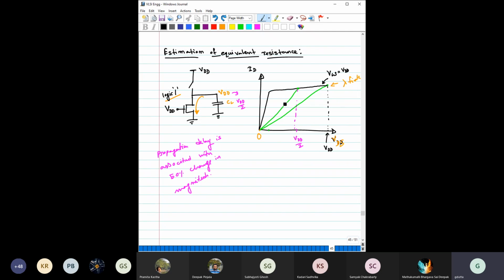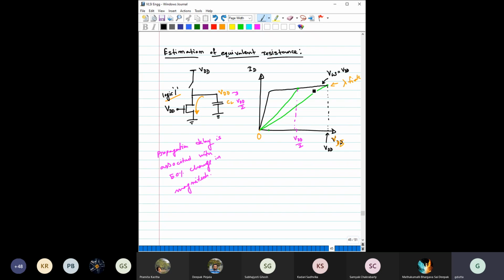So we can estimate the average resistance of any transistor from its ID-VDS characteristic. You need to plot the ID-VDS characteristics at a gate voltage equal to VDD.